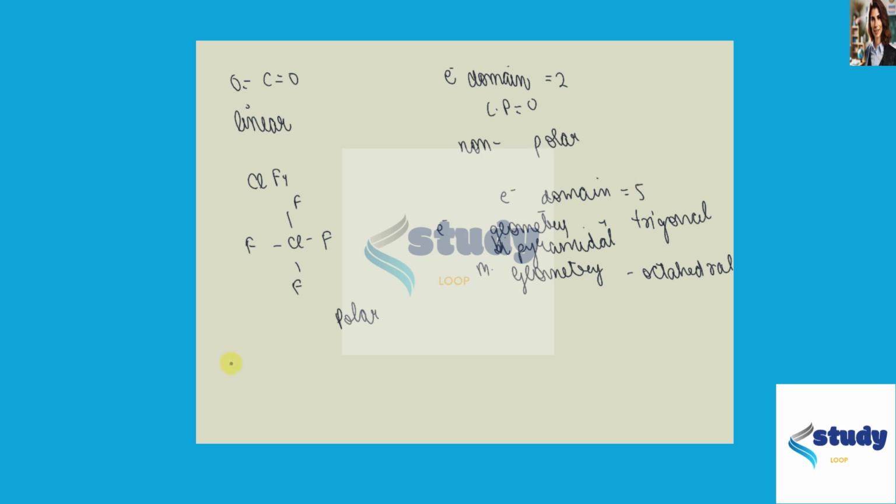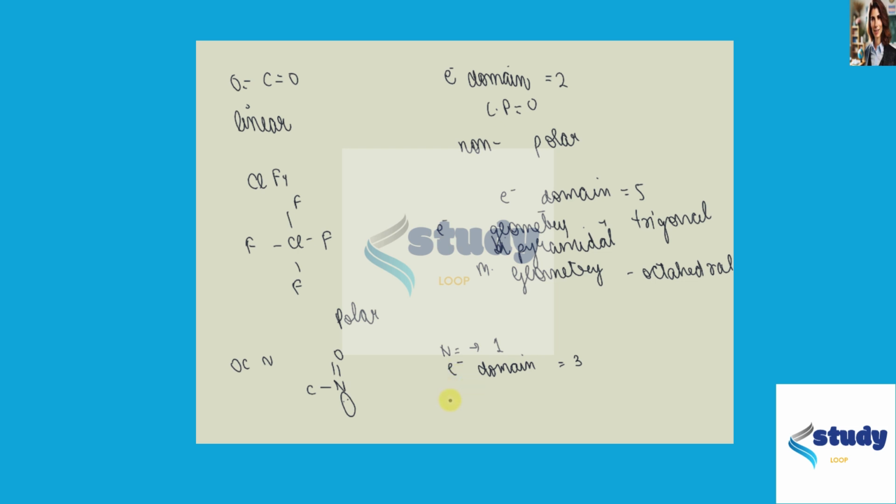Then we have OCN. Here there is 1 lone pair on nitrogen, and electron domain is 3.